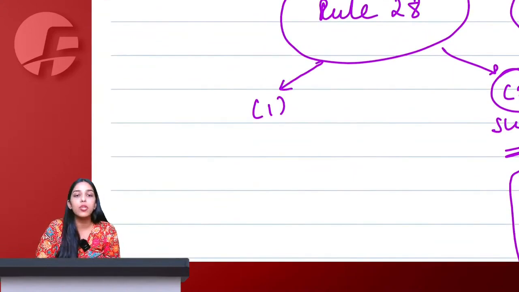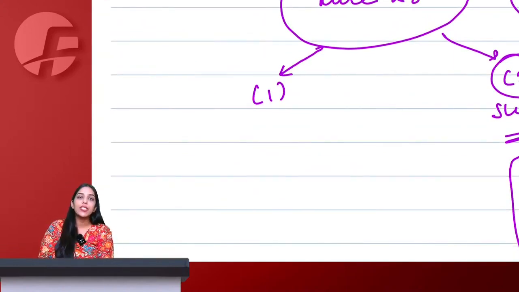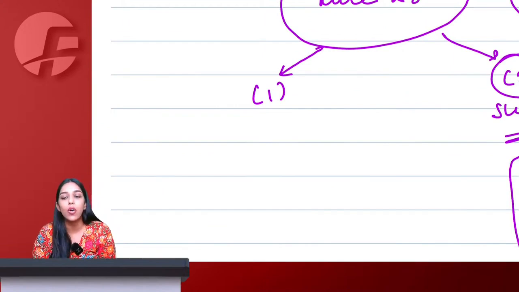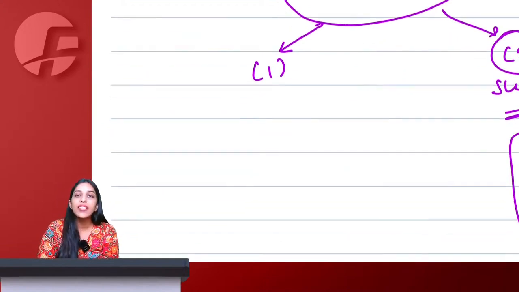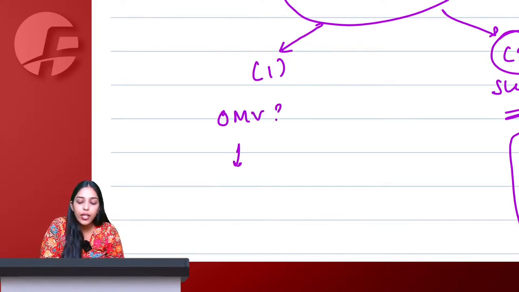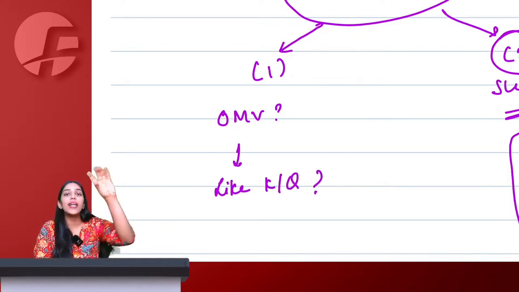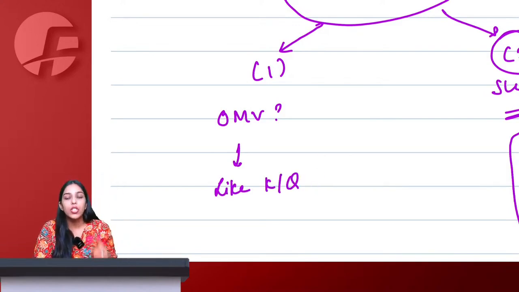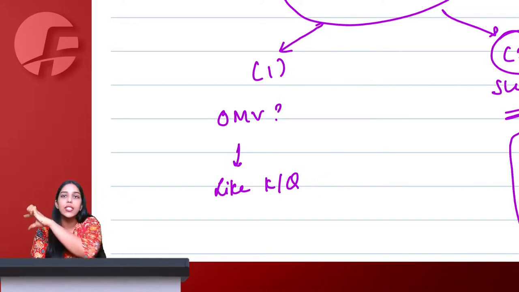Now Rule 28 sub Rule 1 is for all the normal types of transactions that we are doing with a related or distinct person. So very simple. It is similar to Rule 27 only. Is open market value available? Yes, take that. If not available, you simply take like kind and quality, because there is no additional consideration point involved here. So we strike off both the points of additional consideration.